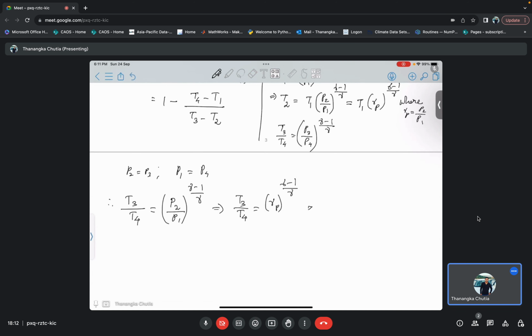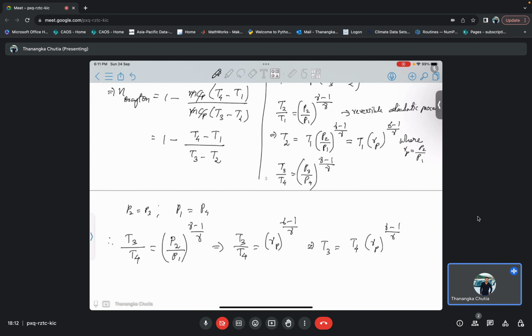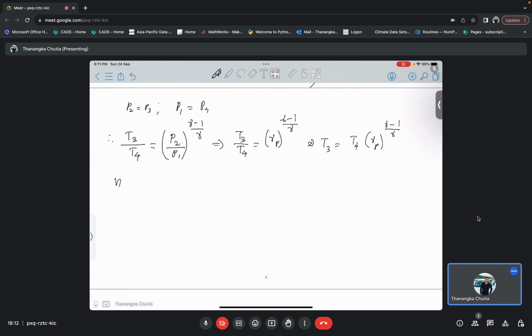So that means T3 can be written as T4 into Rp to the power (gamma minus 1) divided by gamma. Now eta Brayton can be written as 1 minus (T4 minus T1) divided by (T3 minus T2).